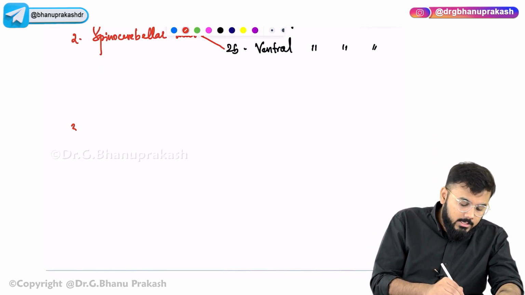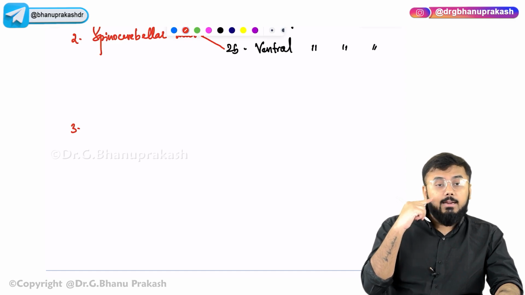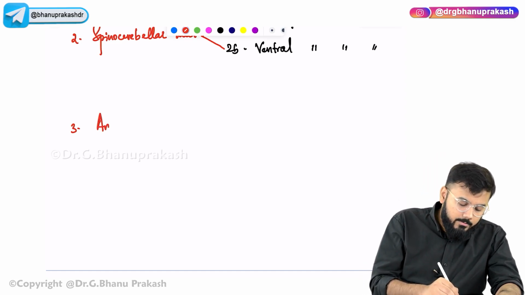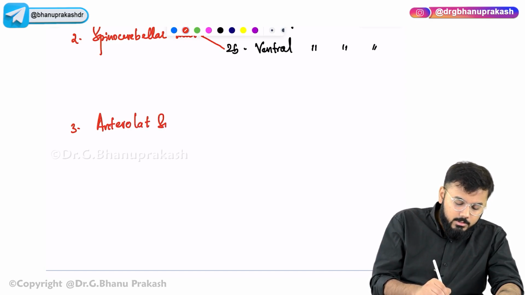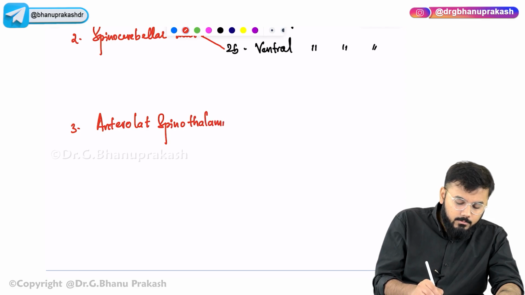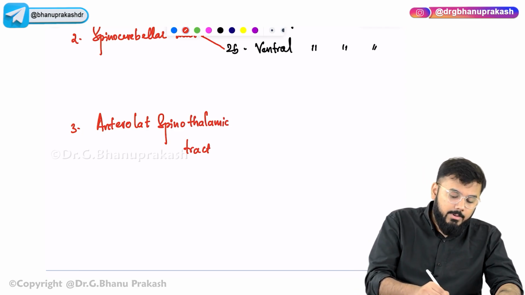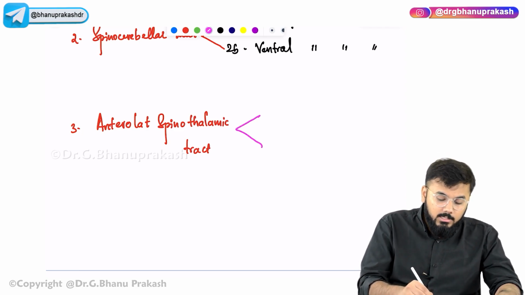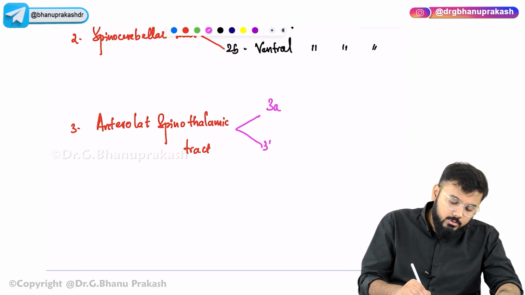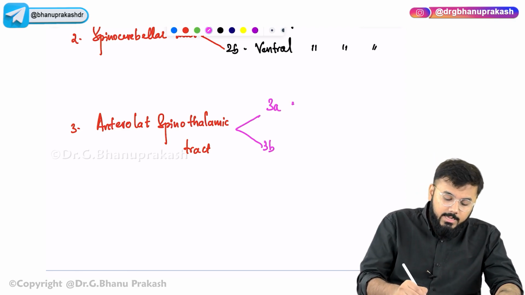Third important thing. What is the third important thing? That is anterolateral spinothalamic tract, or simply spinothalamic tract. So within this anterolateral spinothalamic tract, there are two important things. One is called as 3A, another one is called as 3B. What is 3A and 3B?